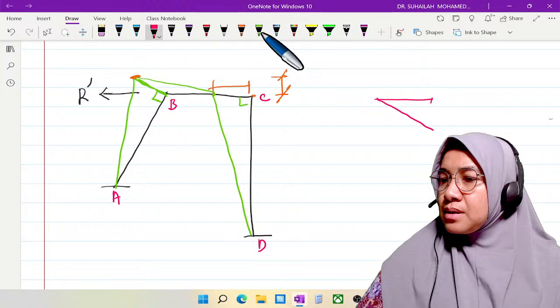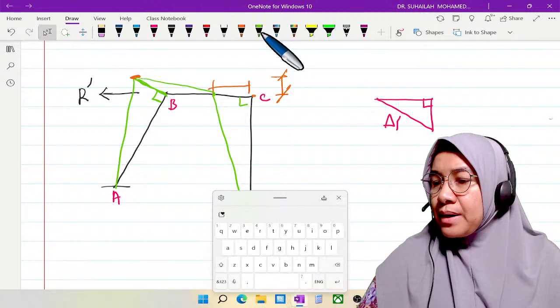The incline is delta 1 prime, horizontal is delta 3 prime, and vertical is delta 2 prime. It is like this.